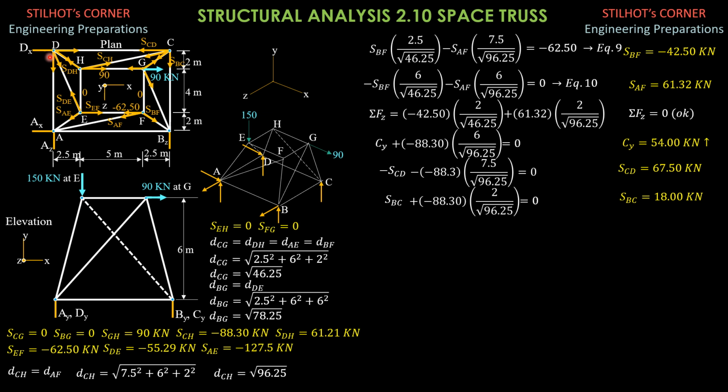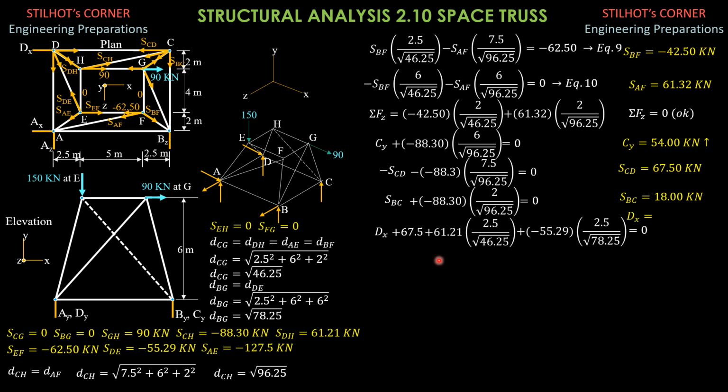So summation forces horizontal, DX plus SCD, which is 67.5, plus SDH, which is 61.21 times 2.5 over square root of 46.25 plus SDE, and SDE is negative, so plus negative 55.29 times 2.5 over square root of 78.25 distance equals 0.